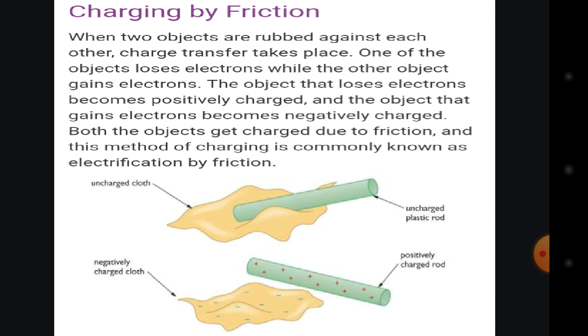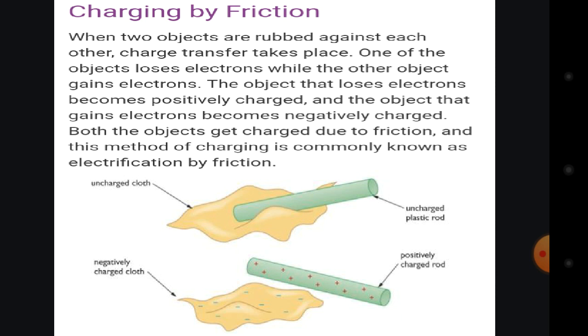When the protons are more than the electrons, you have a positively charged object. Whenever the electrons are more than the protons, you will have a negatively charged particle. So both objects get charged due to friction. This is how we call it electrification by friction.